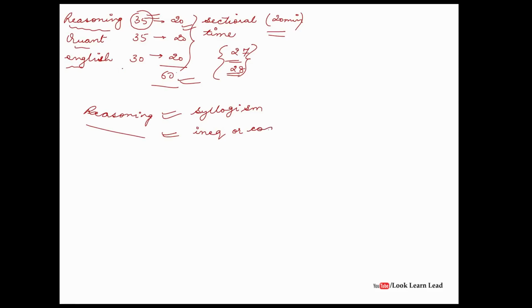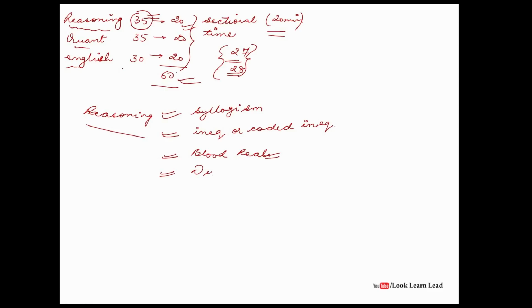It may be in the form of coded inequalities, or it may be a simple statement. The third, which always comes, is blood relation. And another is direction sense.